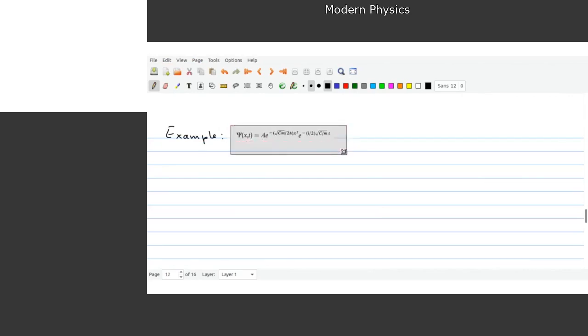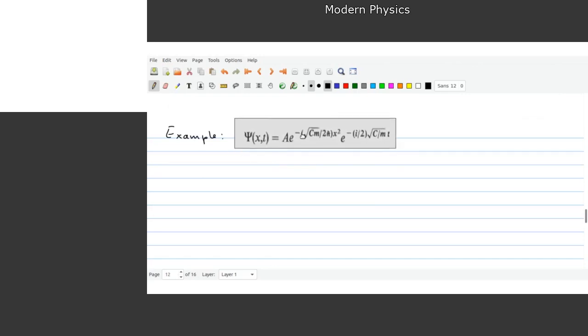So this is a wave function. It is a function of x and of t.